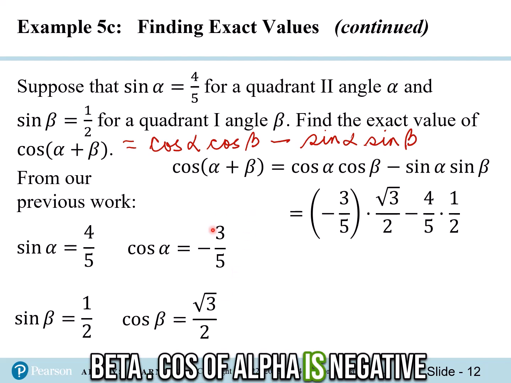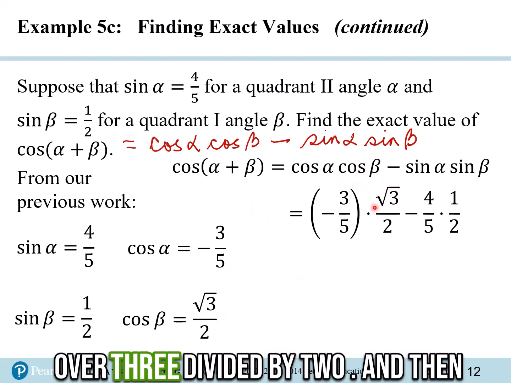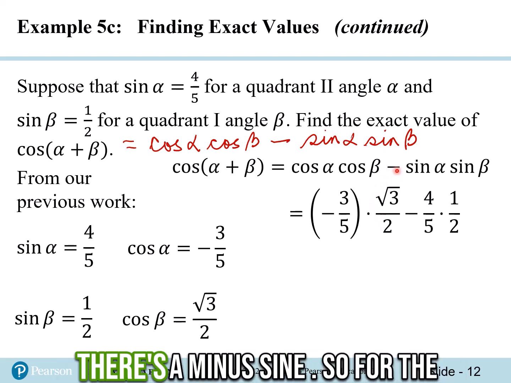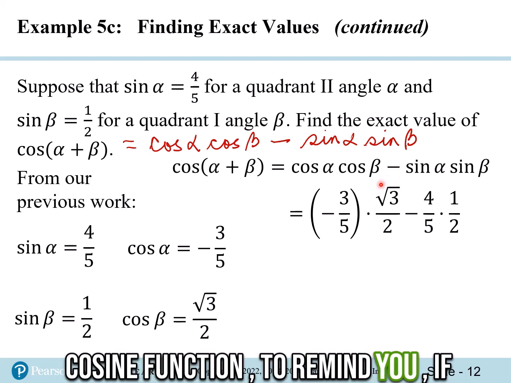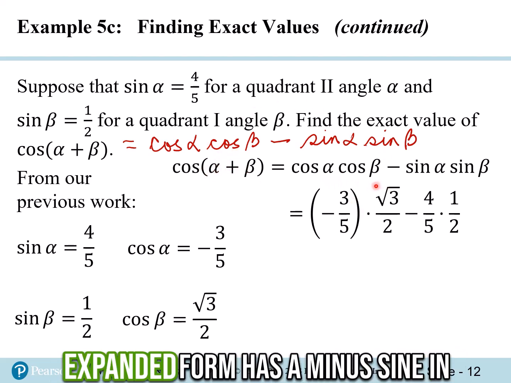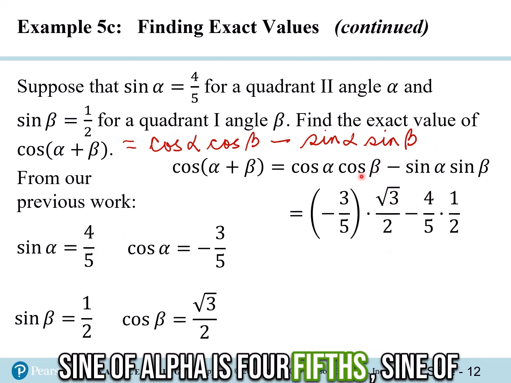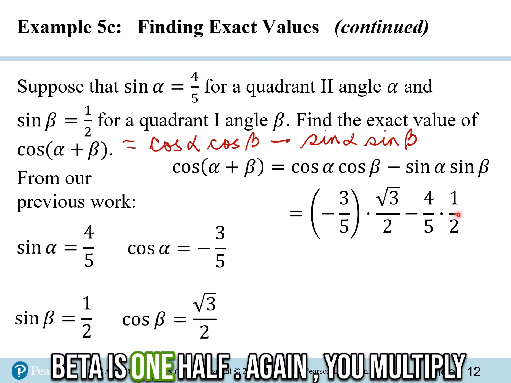Cos of alpha is -3/5. Cos of beta is square root over 3 divided by 2, and then there's a minus sign. So for the cosine function, to remind you, if it's the sum of two angles, then the expanded form has a minus sign in between the terms. All right. And sine of alpha is 4/5. Sine of beta is 1/2.